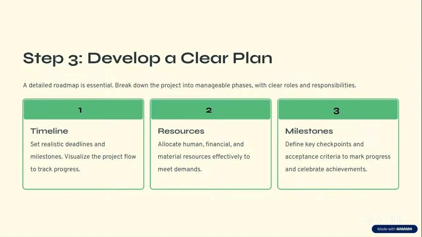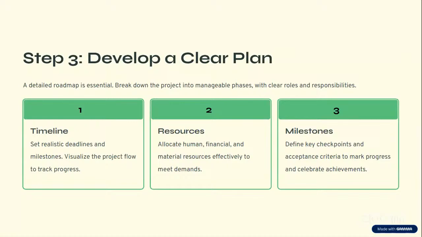You can also visualize the project flow to track progress. To do this, you can use project management tools like Jira or Microsoft Project to create timelines for all your tasks and assign those who are going to be working on them.